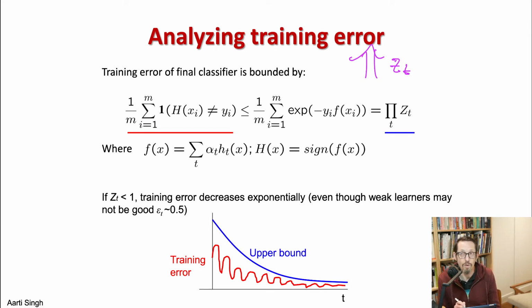If z of t is always less than 1, then multiplying by less than 1 means we're decreasing the number, and we're continually decreasing the number as we add more and more classifiers as the number t gets higher and higher. Well, if we're exponentially approaching that 0, that's good news. This upper bound is driving downwards.